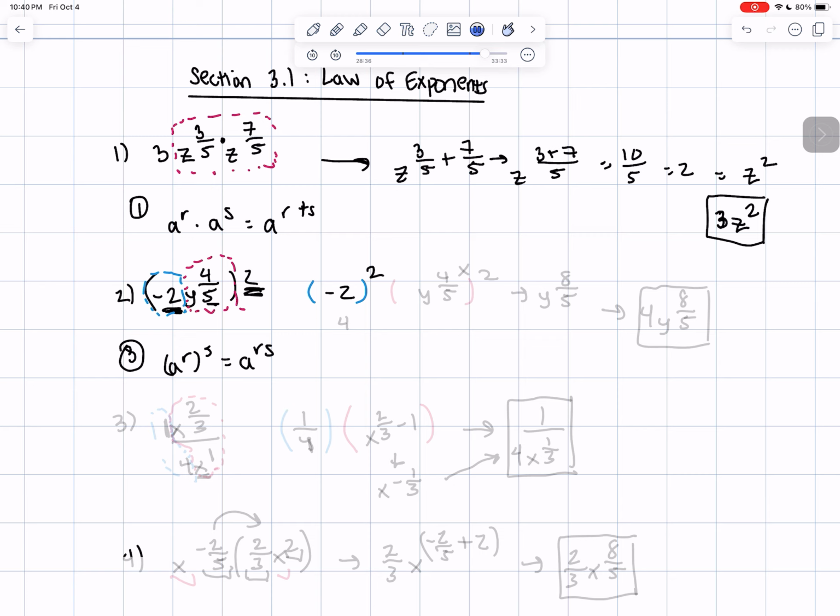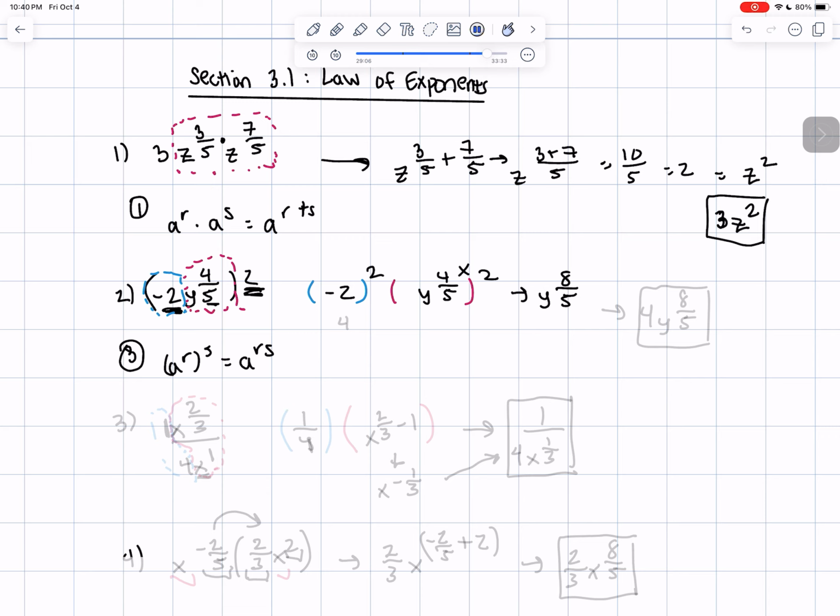And then the other one is y to the 4 over 5, squared. So for this guy, we're multiplying. So in my calculator, 4 over 5 times 2 gives me 8 over 5. So y to the 8 over 5.